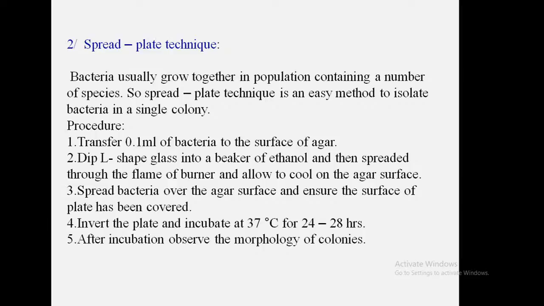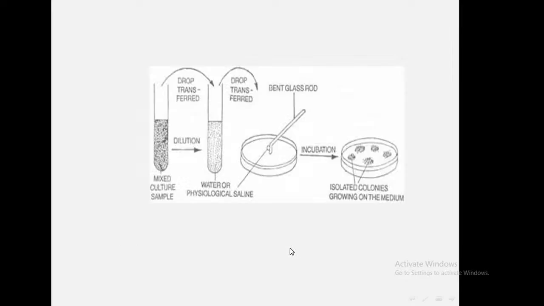Spread the bacteria over the agar surface and ensure the surface of the plate has been covered. Fourth, invert the plate and incubate at 37 degrees Celsius for 24 to 48 hours. After incubation, observe the morphology of the colony.